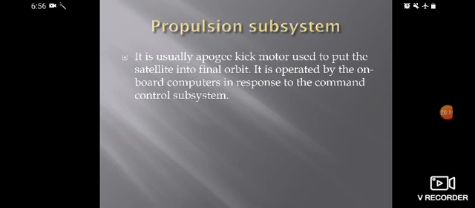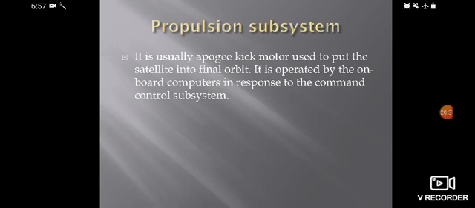I have already told that responses to the commands from the control systems can be controlled by a computer system. So for that control, we have a kick motor, the apogee kick motor.